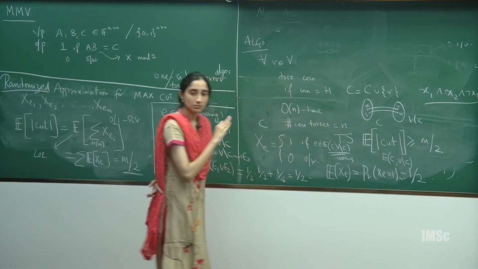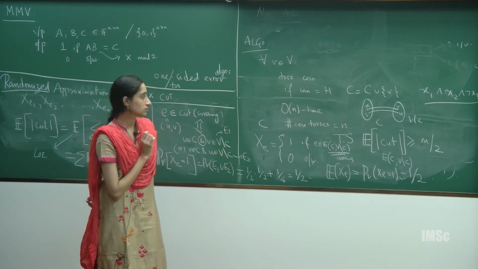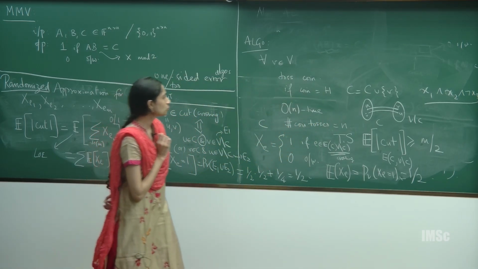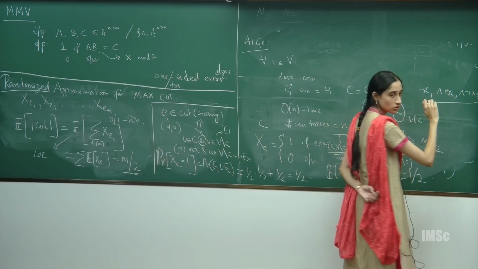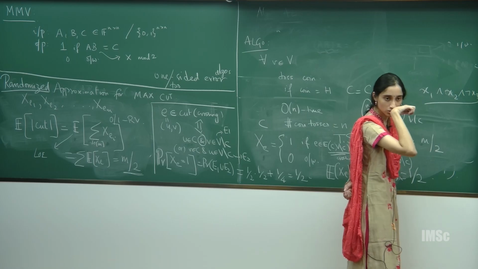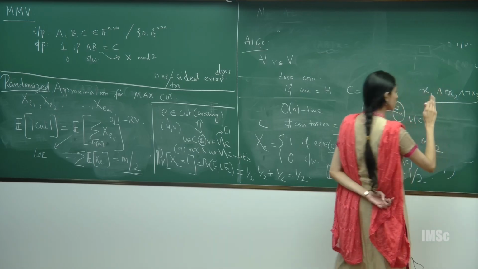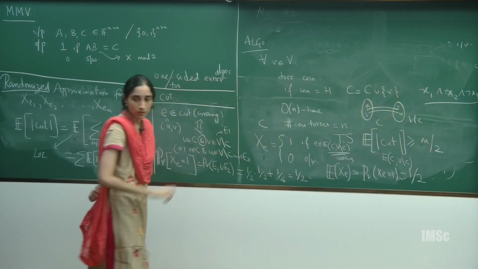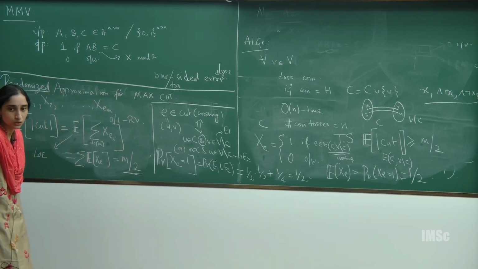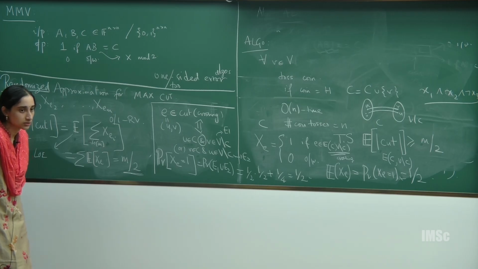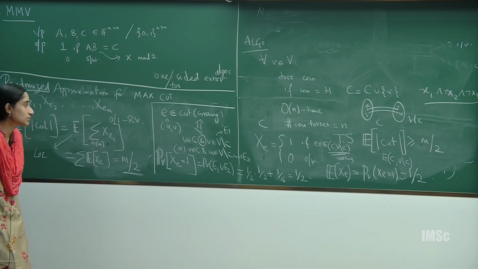So how many possible assignments are there? Okay, it is CNF, right? So this should be OR. A clause is OR. Let's say CNF or DNF, whichever you are comfortable with. How many possible assignments are there to this clause? 8. There are 3 variables, so there are 8 assignments.